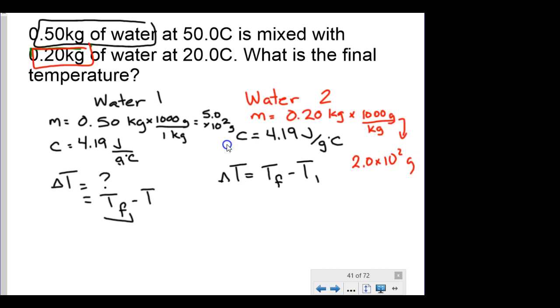The initial temperature of the 5.0 times 10 to the 2 grams of water is 50 degrees. The initial temperature of water sample number 2 is at 20.0 degrees Celsius.